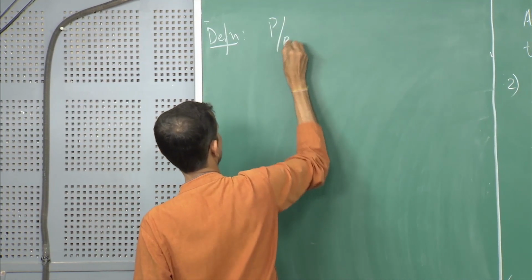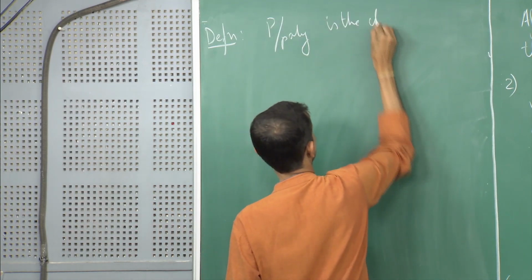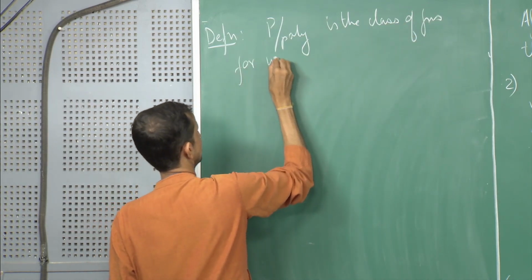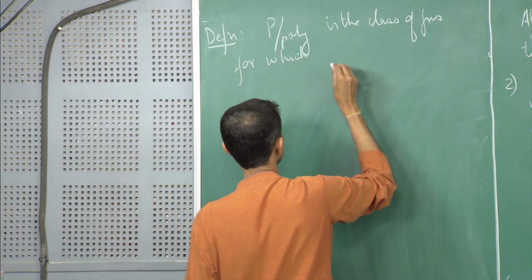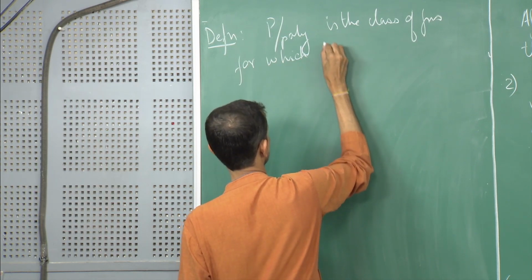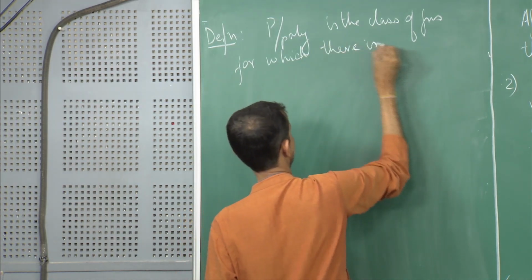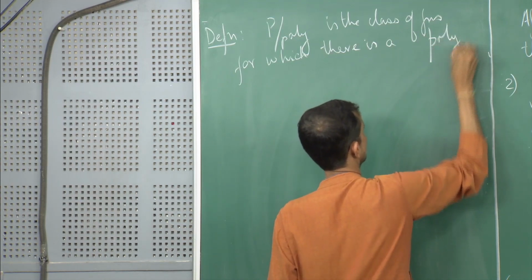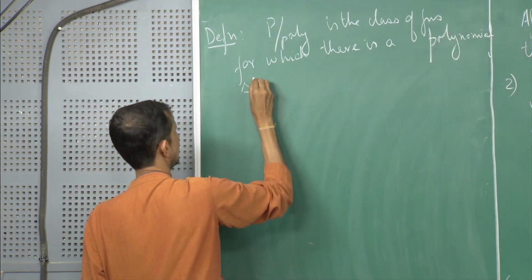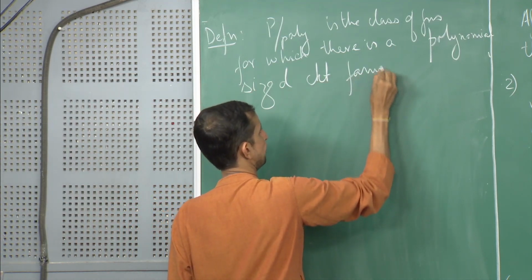So, this class P slash poly is the class of functions for which there is a polynomial sized circuit family.